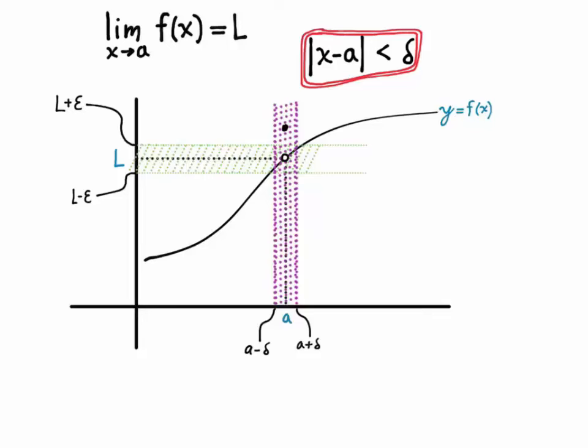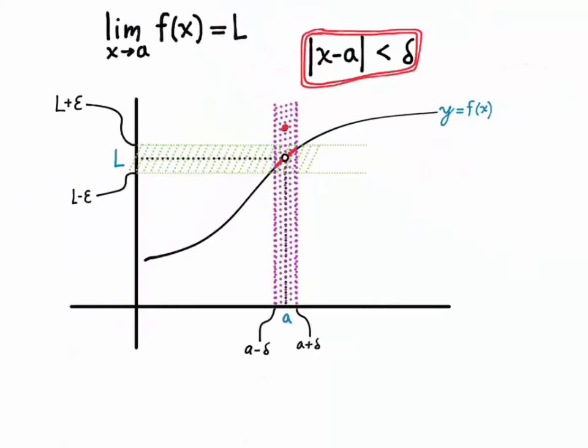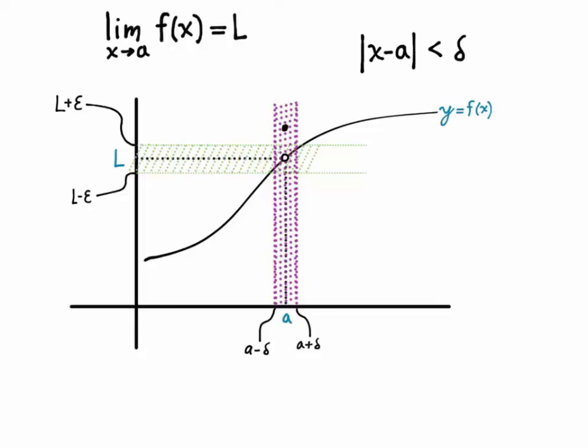Instead of the neighborhood absolute value of x minus a is less than delta, we have to modify it, because if I shade in for this function all of the parts of the curve inside that neighborhood, you'll notice that I have something sticking outside of the envelope. So we're going to define our neighborhood slightly differently. We're going to define our neighborhood by excluding x minus a equals 0.